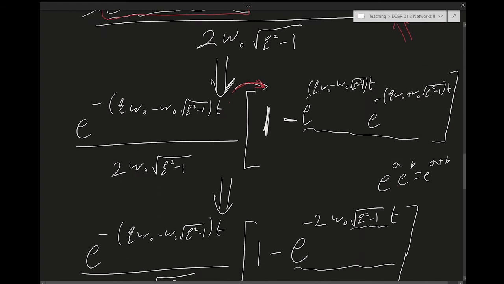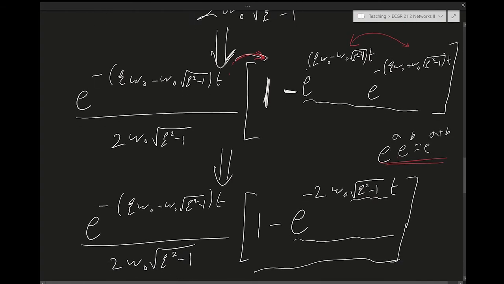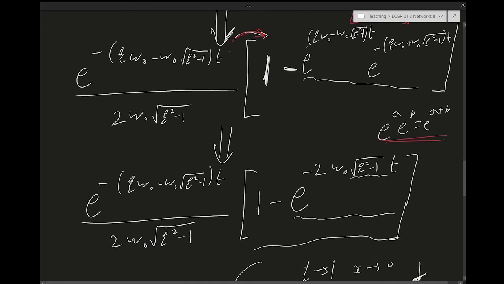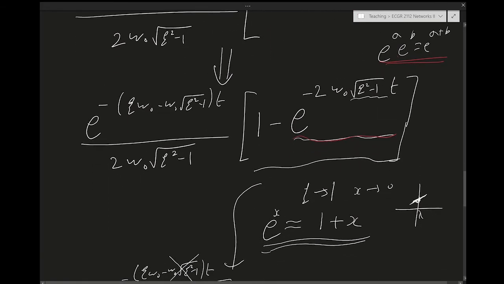Now we again use this property by summing up those two exponents. When I do that, I end up with e^(-2ω₀√(ζ²-1)t). And here is where I want to do the approximation. I want to utilize the following approximation for any exponential e^x.